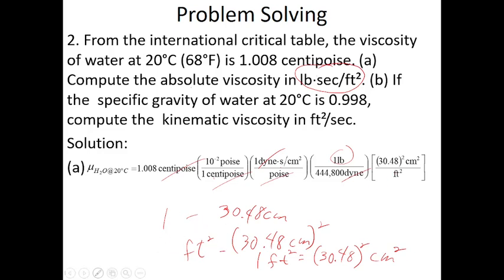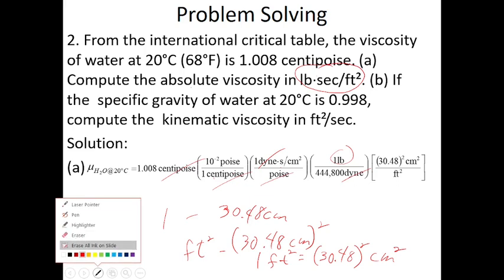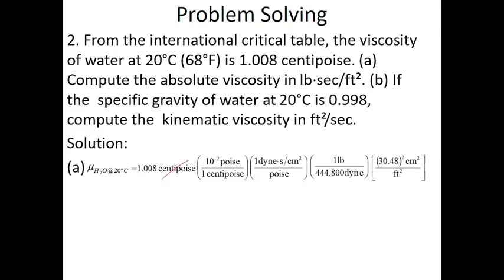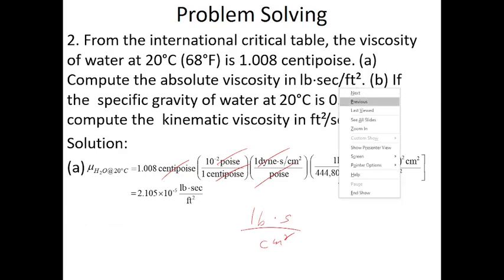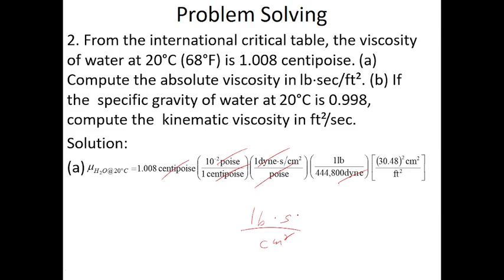So let's look at our problem now. Cancel. You have pound second per square centimeter, times the conversion with square centimeter and feet squared.